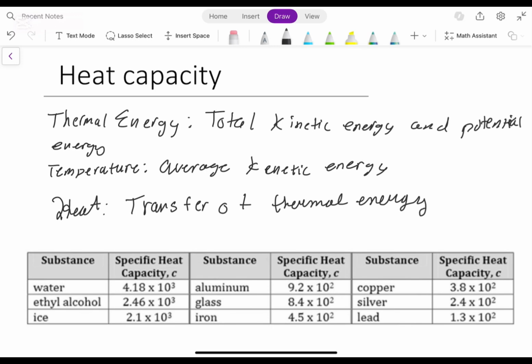So something we should focus on in this lesson is what is heat capacity?